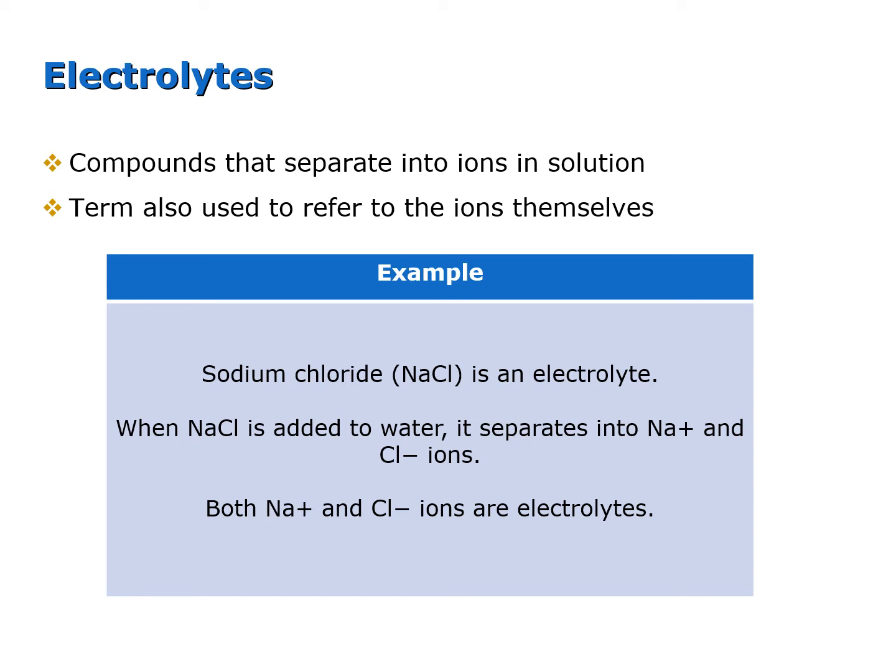And you know that because you know that salt will dissolve in water. While placed in water, those atoms are able to separate themselves into ions. Once they separate, the positively charged ones will be called cations, while the negatively charged ones will be called anions.